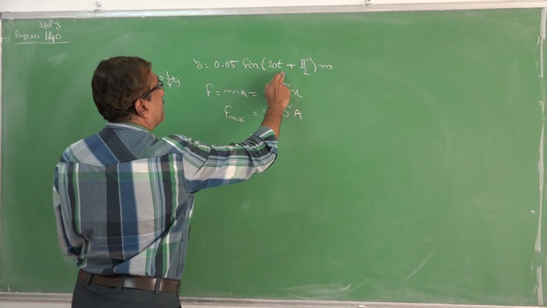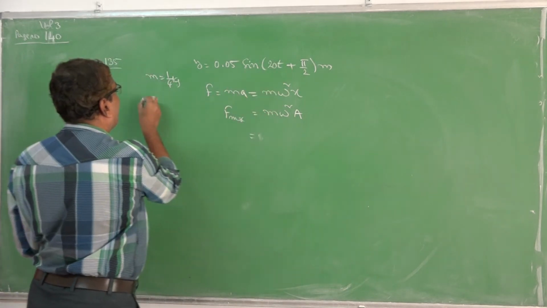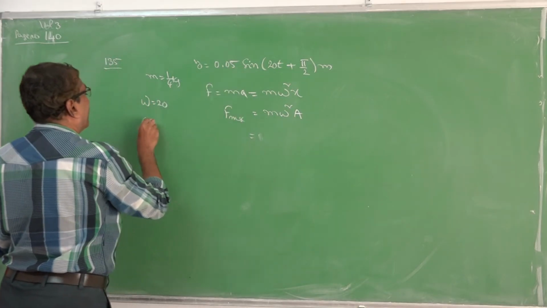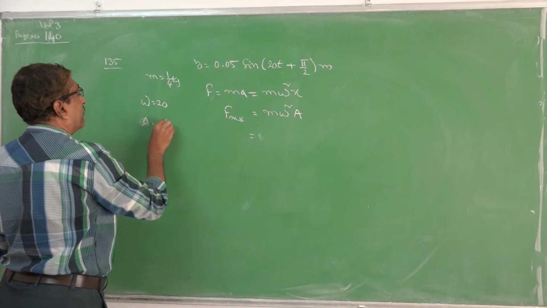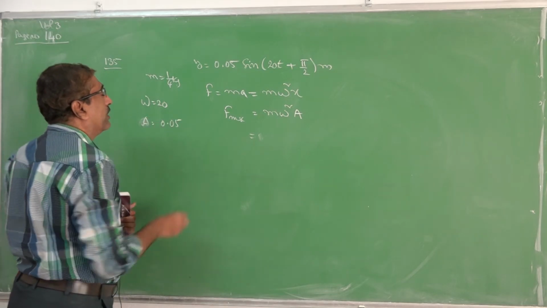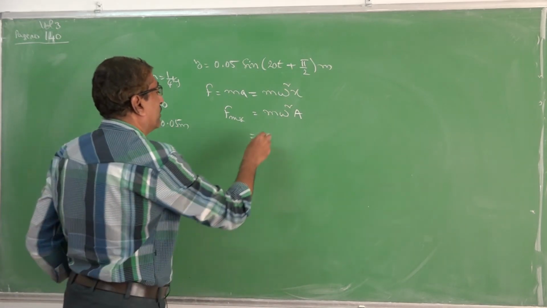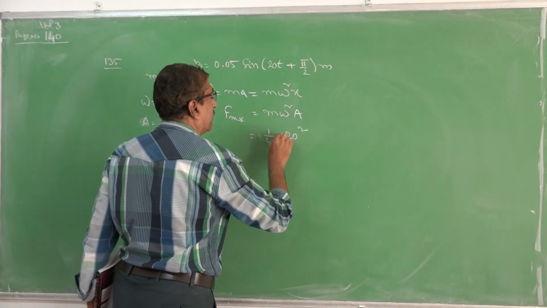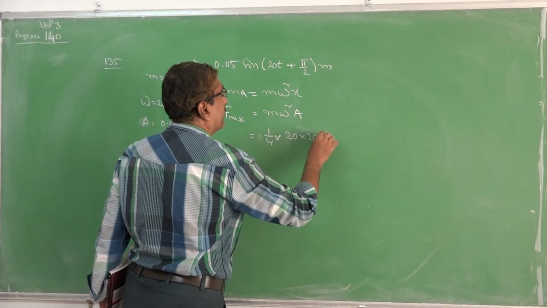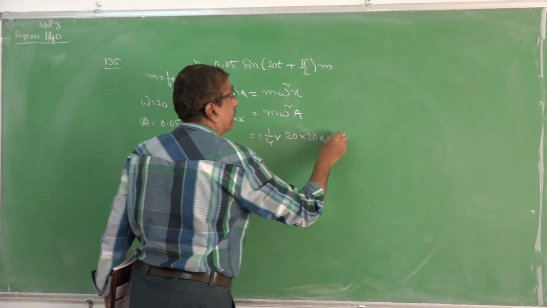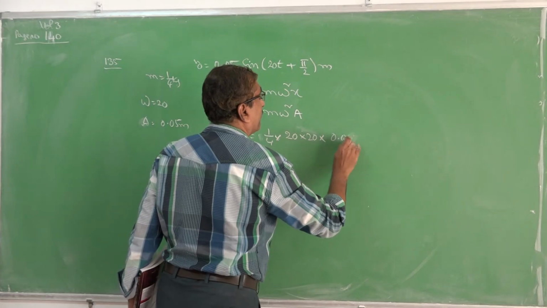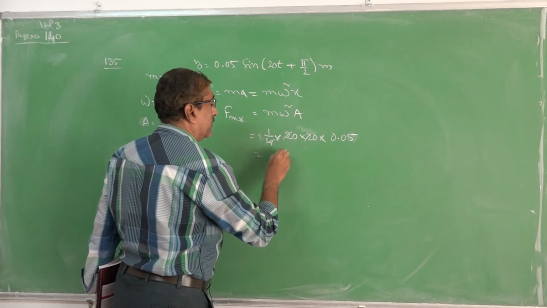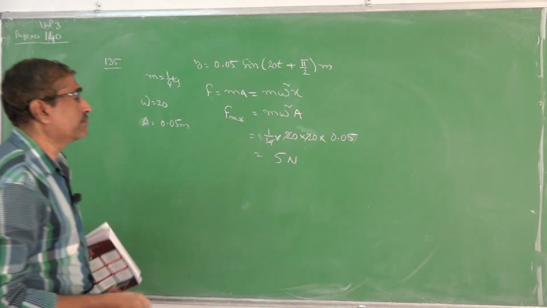Comparing with this equation, omega is 20 and A is 0.05, all in meter. Now substituting 1 by 4, 20 into 20, into 0.05. So 4 will get cancelled, and we get 5 Newton. Simple one.